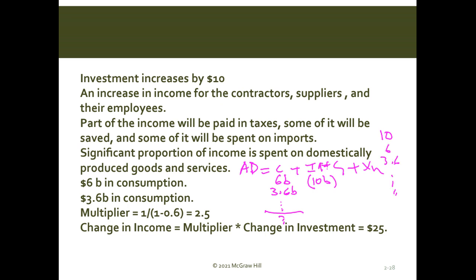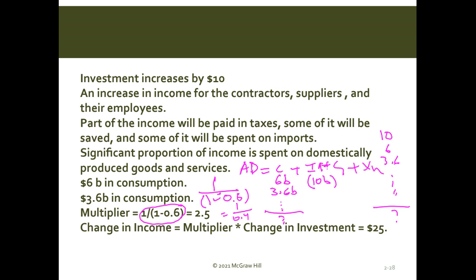So the formula is 1 divided by 1 minus MPC, 0.6. So 1 over 1 minus 0.6 is equal to 1 over 0.4, and 1 over 0.4, you can use your calculator, you will get 2.5. So this is the value of multiplier.